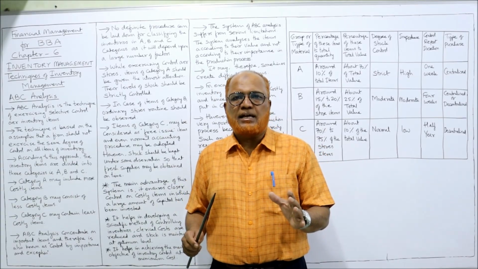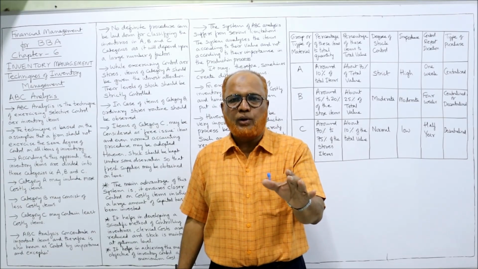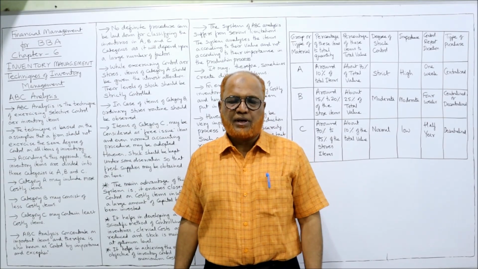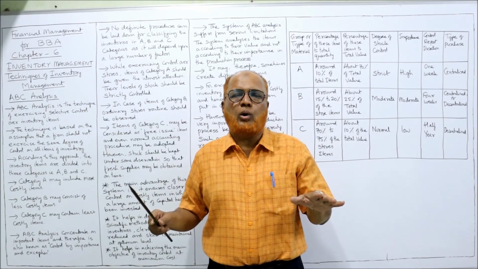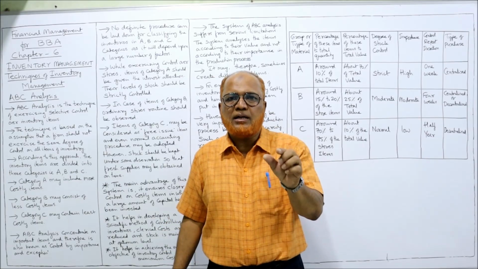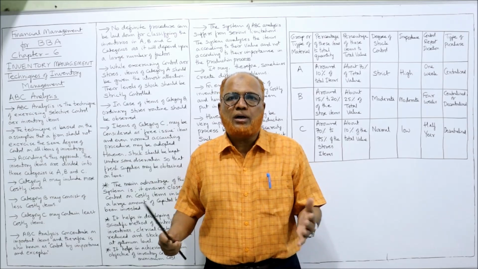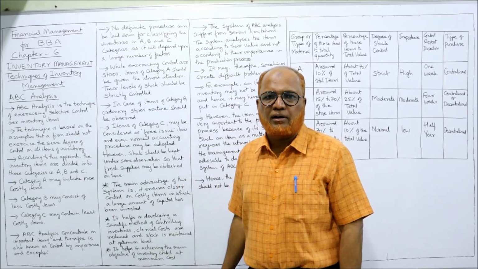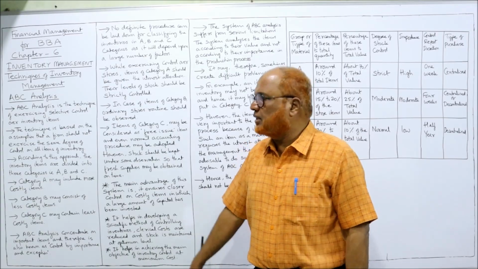From the start it says that we are following a selective method of controlling inventory items. That means all inventory items are not equally controlled. According to some criteria, different control techniques will be applied on different items of inventory. That's why it is called the selective method of controlling inventory.